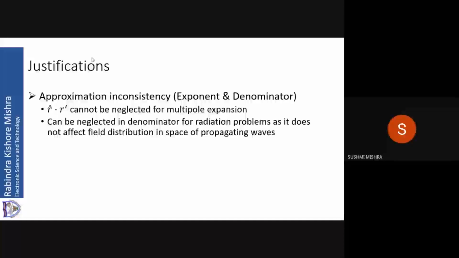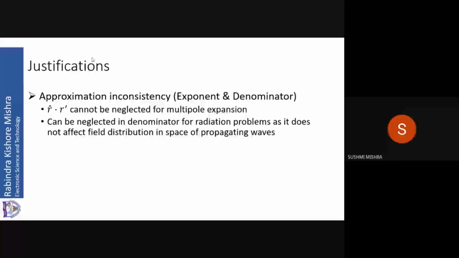But we can neglect them in the denominator of the radiation problem. Reason is, in the denominator, what is there? Capital R, right? Capital R we are approximating as little r. Now, what is the difference between capital R and little r? The difference between capital R and little r, from the figure you have seen, is r cap dot r dash, which is a very small quantity.